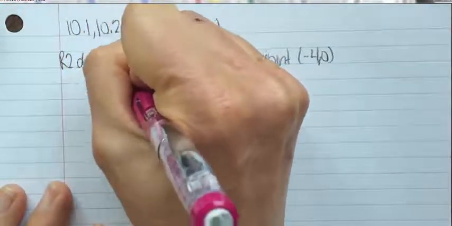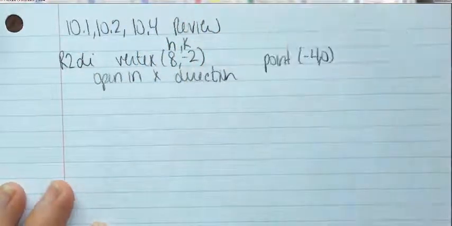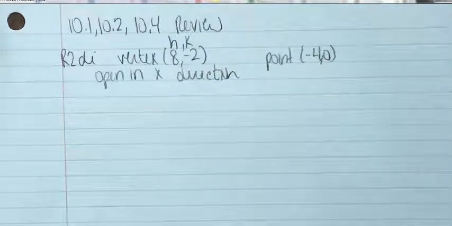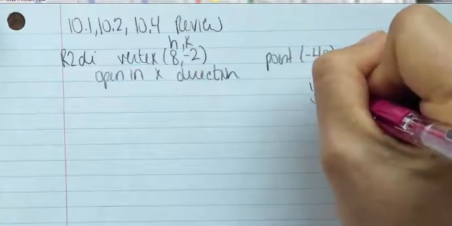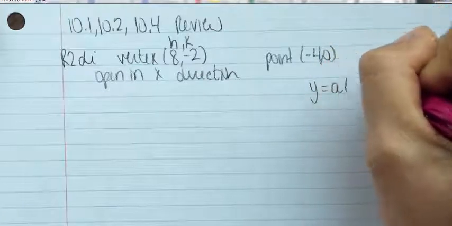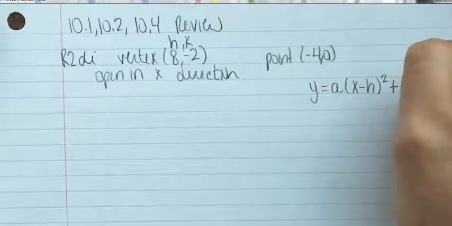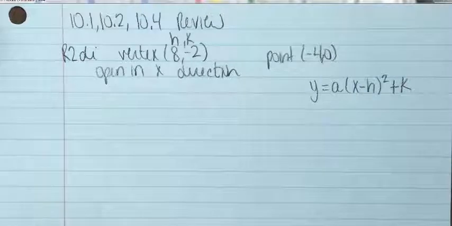And then I noticed it opened in the x direction. Now, by heart, you should have the opening in the y direction form of this memorized. So we had learned in Algebra 2 that basically opening in the y direction, or up and down, this would be your vertex form.